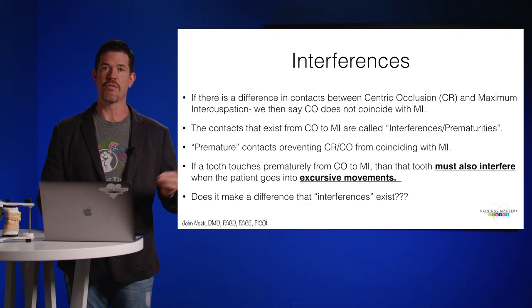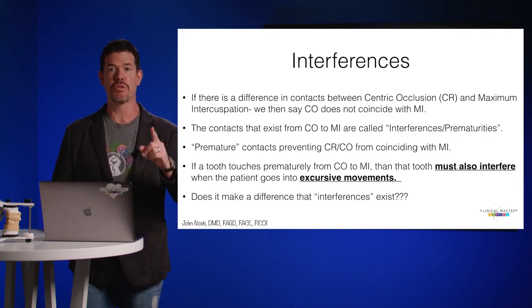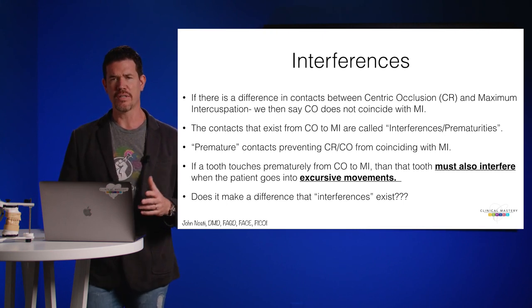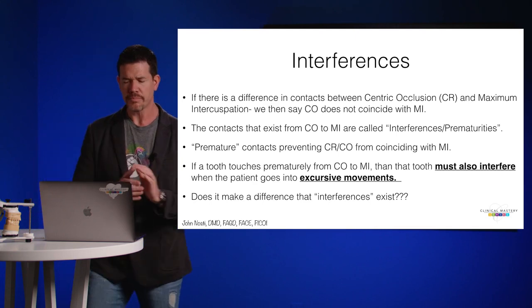So if a tooth touches too soon going to closure, when we leave closure, that tooth must be a prematurity leaving closure. This is important to understand when we talk about why is it really important to understand and change someone's occlusion. So does it make a difference in your patient that interferences exist? That's the most important question. Does it make a difference that interference exists?